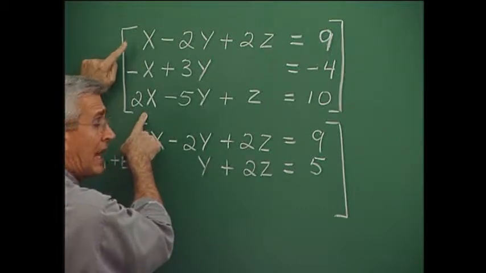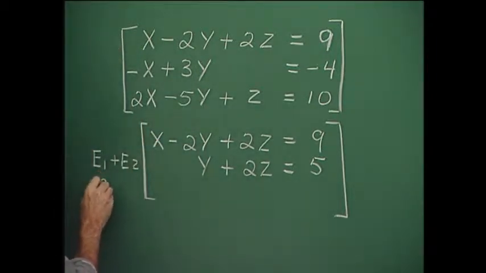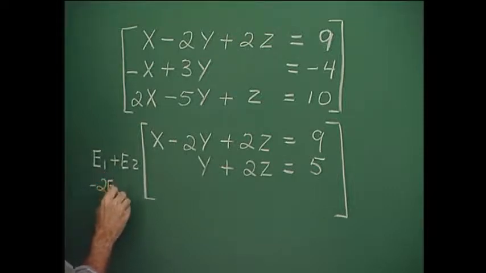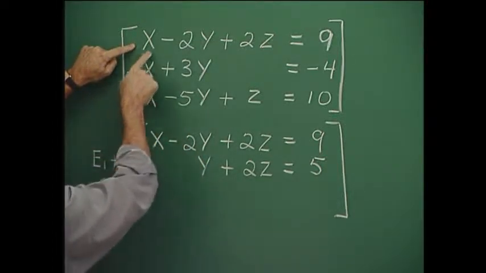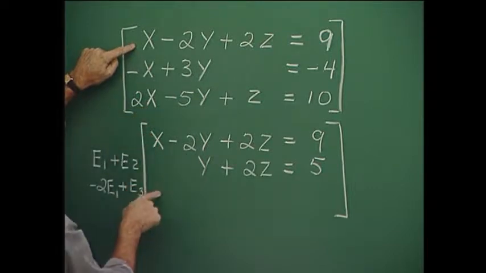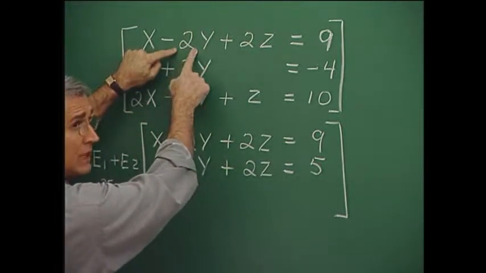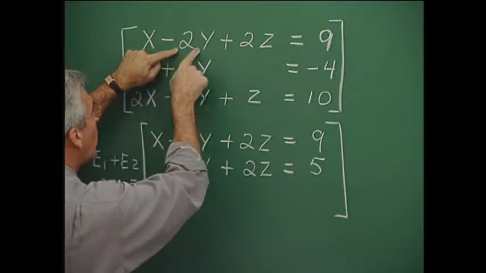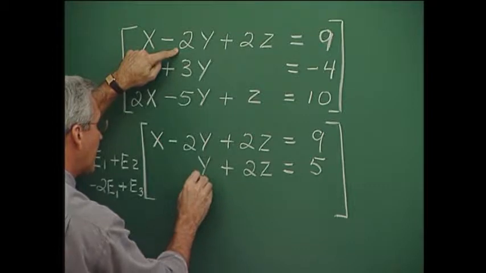That's what I'm going to indicate here: negative 2 times equation 1 plus equation 3. So negative 2 times x is negative 2x plus 2x, 0x as expected. Then negative 2 times negative 2y is 4y. 4y minus 5y is minus y.